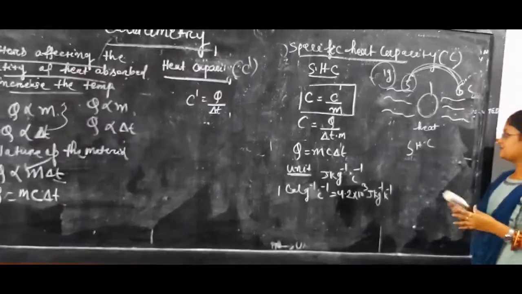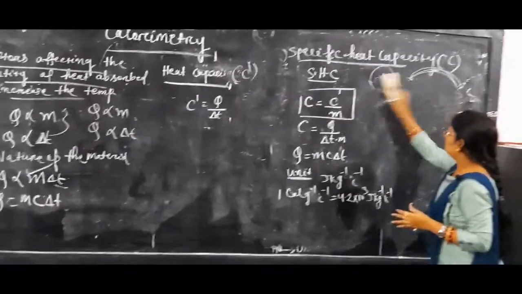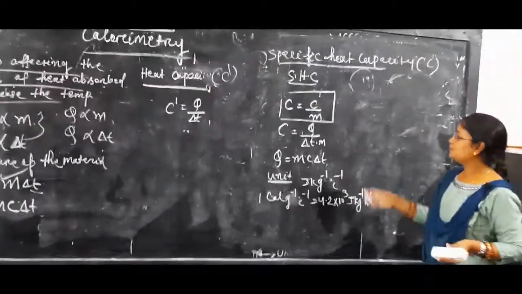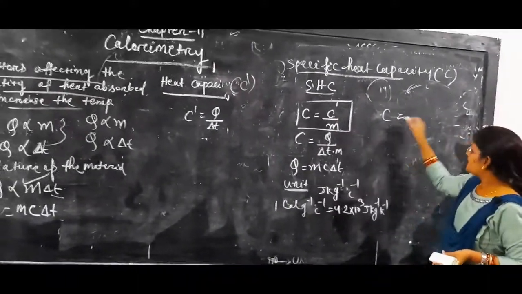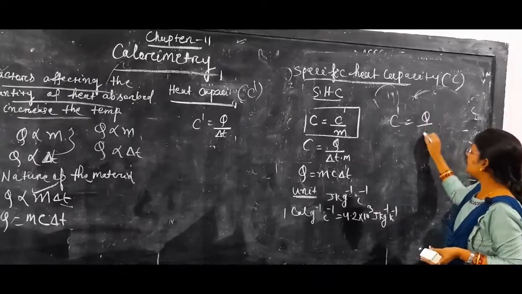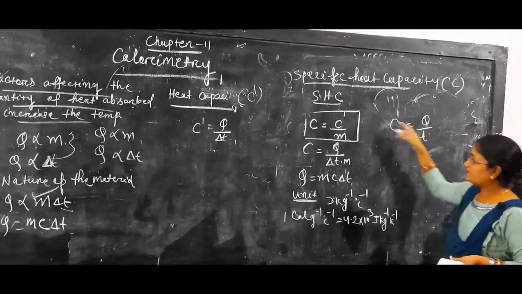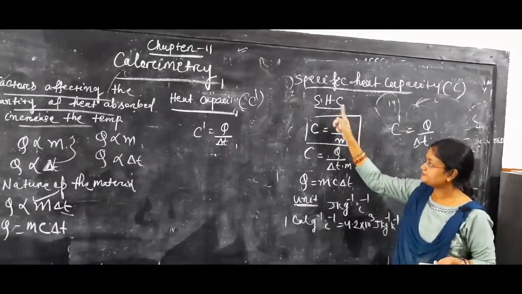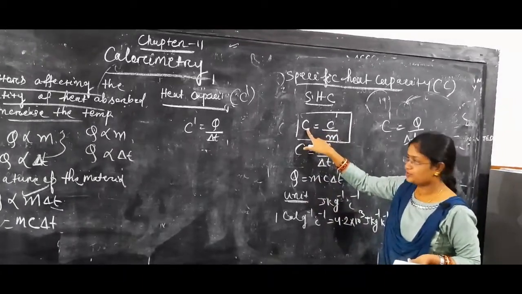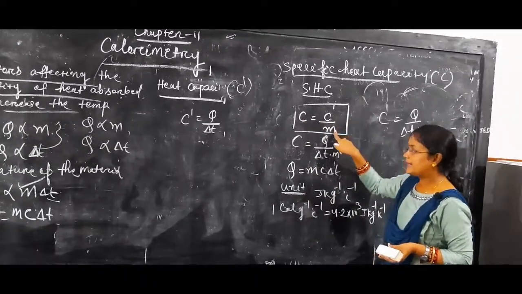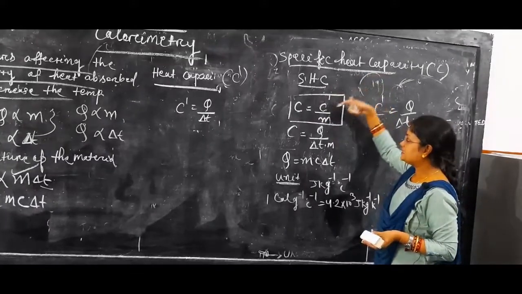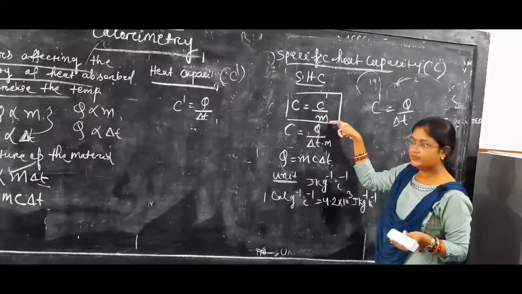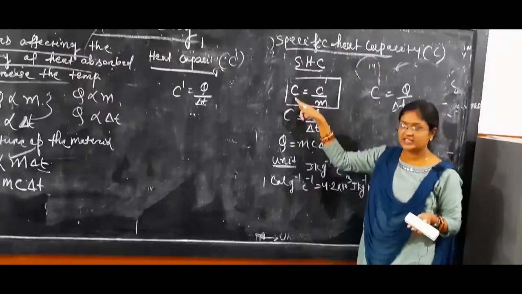So that means if heat capacity is specified for 1 unit mass, then that is your specific heat capacity. And we can also do the derivation. Initially C dash equals Q by delta T. And when it is specific heat capacity, then C equals C dash by M. That means if heat capacity is specified per unit mass, then that is specific heat capacity.